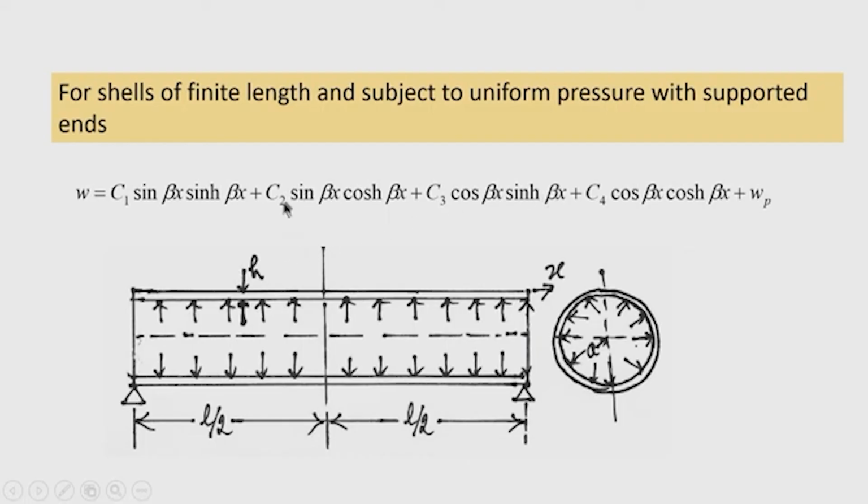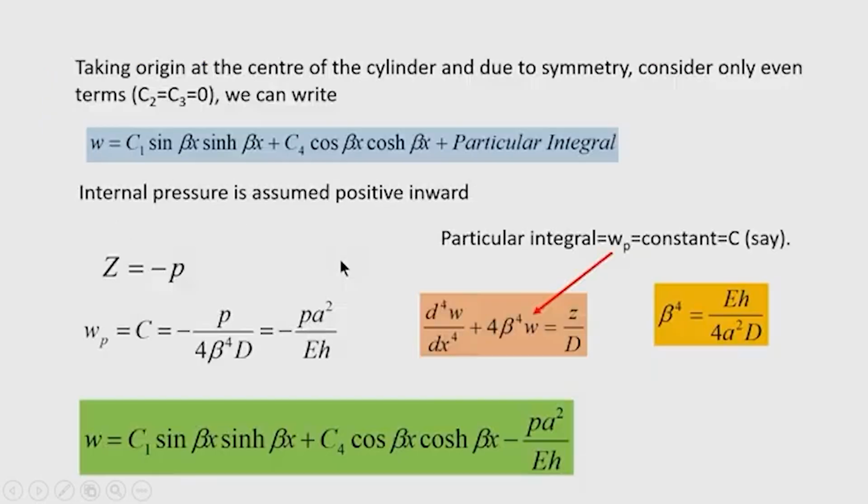So, we shall drop these constants C 2 and C 3, that means we need not consider the terms containing the coefficients C 2 and C 3, because our problem is symmetrical and we take only the even functions in the expression of deflection. So, with that advantage, we can now reduce the deflection equation with two constants of integration.